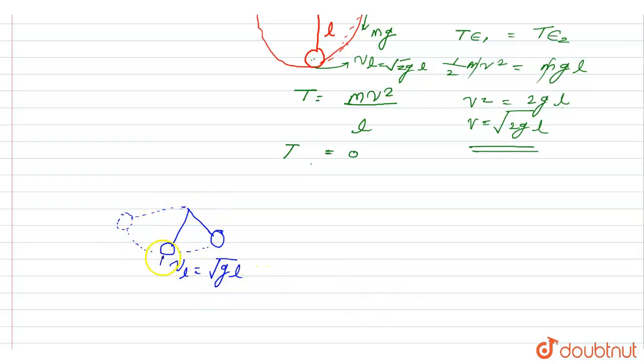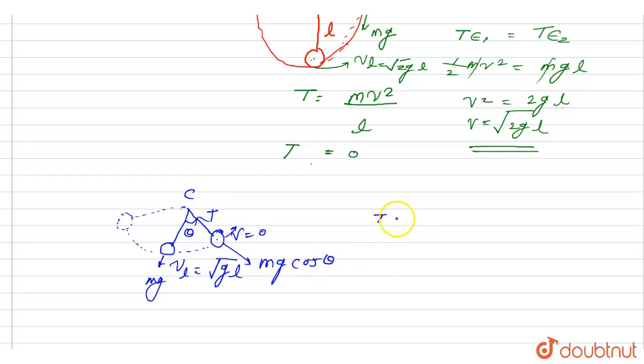Here the force is mg and the velocity is 0 on this position. The tension acts toward the center, so it makes an angle theta, and there is mg cos theta. Here is the tension, and it moves with the highest velocity.